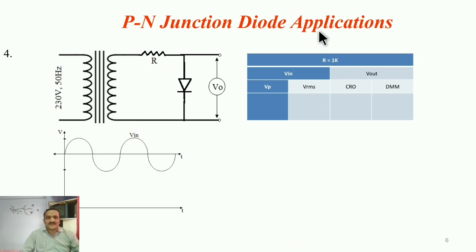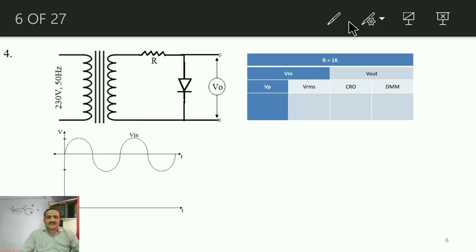Now here during the positive half of the input, the diode will conduct, and that's why how much will be the output voltage? That output voltage is nothing but the voltage measured across the diode, remember. It will act as a short circuit during the positive half of the input after its 0.7 volt, practically. So whenever it turns on, the voltage across the diode will be equal to 0.7.